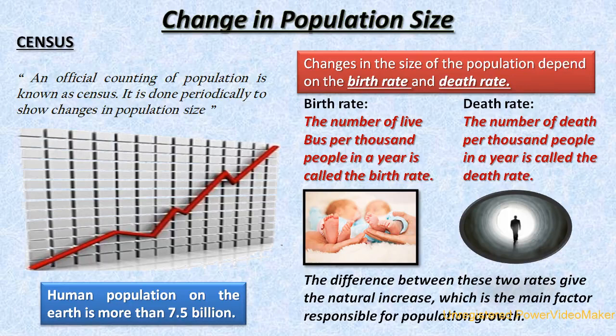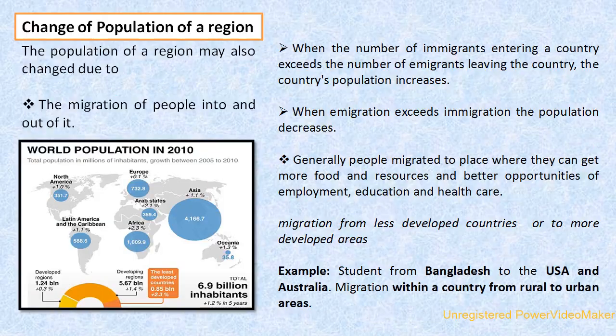Apart from this, each region can be affected by some other factors. Change of population of a region. You already saw that death rate and birth rate can change the population size.